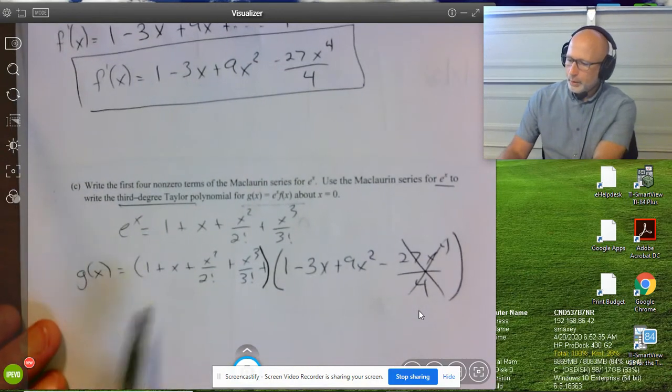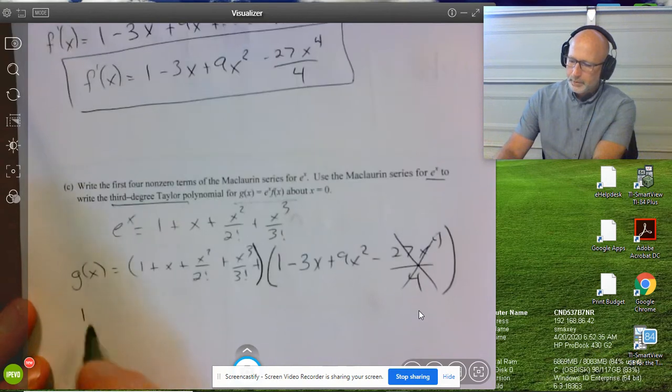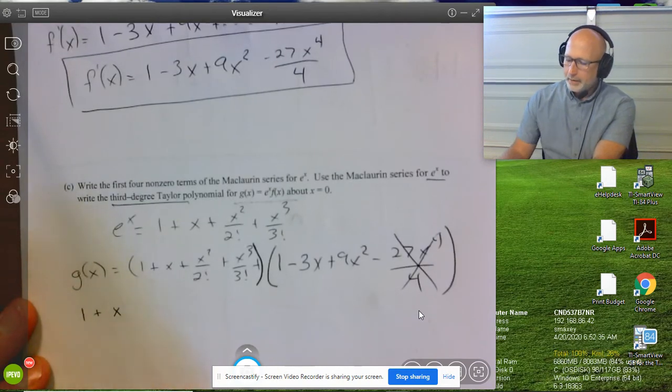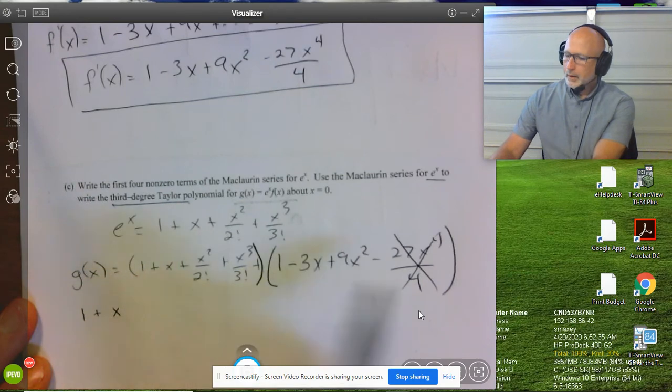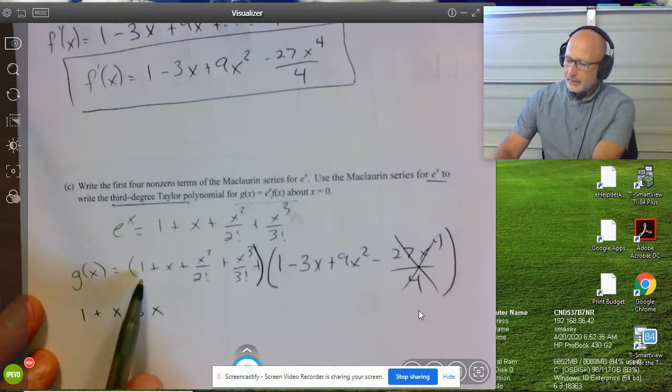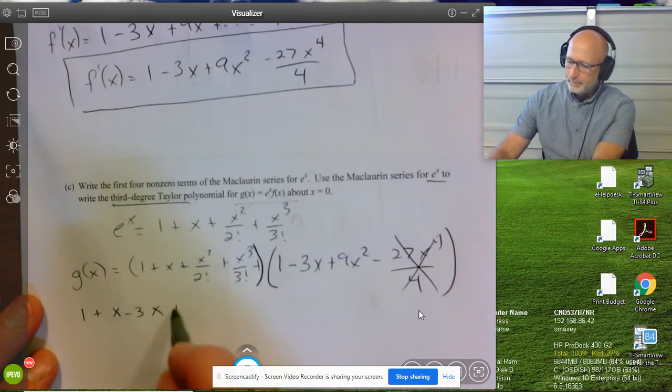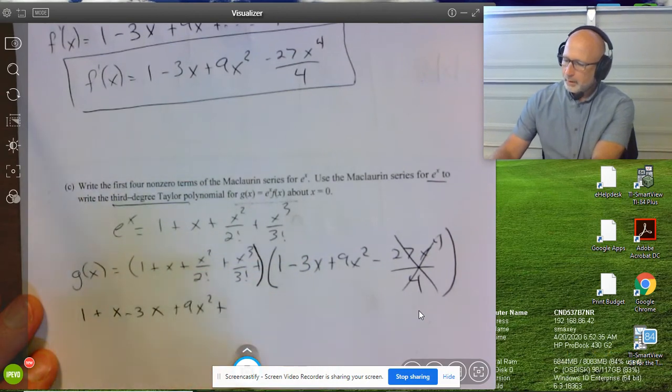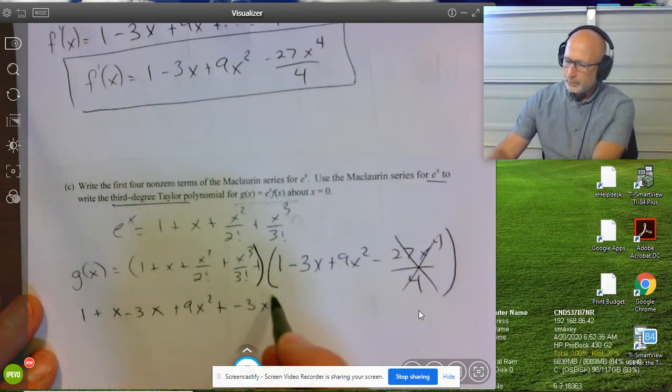The only way I can get a constant is 1 times 1, so I'm done. Now, how am I going to get an x term? By taking x times 1, and there's nothing else I can multiply here other than 1 times negative 3x, which is negative 3x. Now let's do the x squared. To get an x squared, you take 1 times 9x squared plus x times negative 3x, so minus 3x squared.